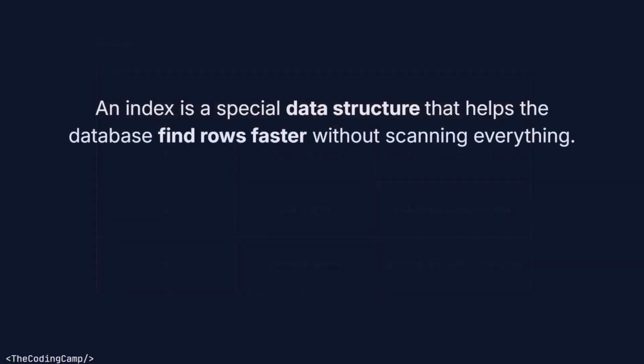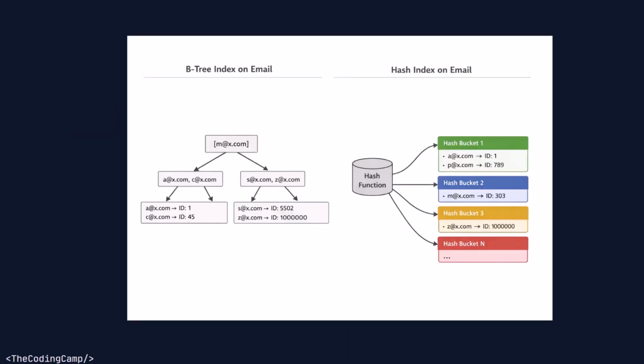An index is a special data structure that helps the database find rows faster without scanning everything. Usually an index is either a hash table or a tree-based index.